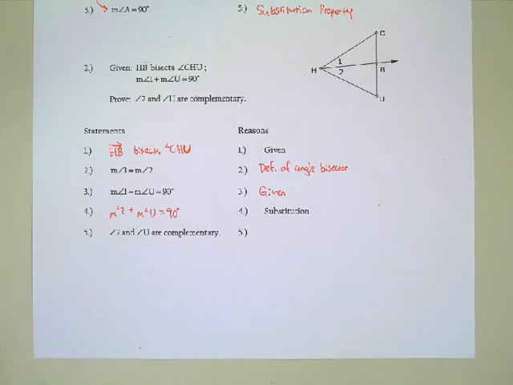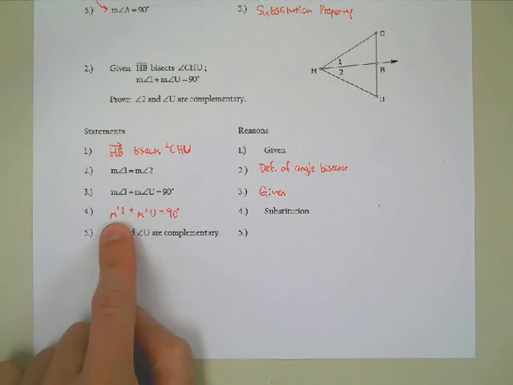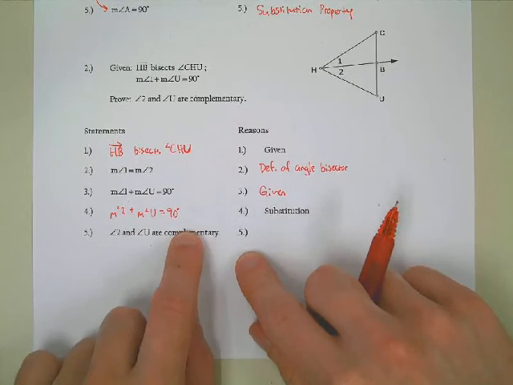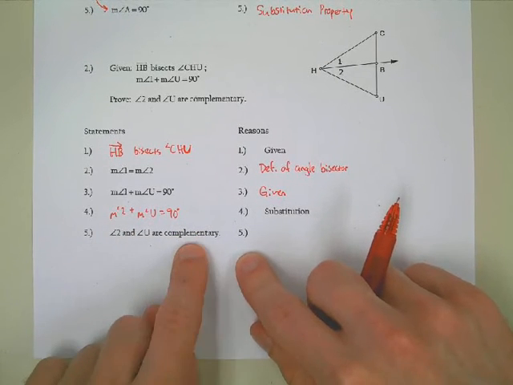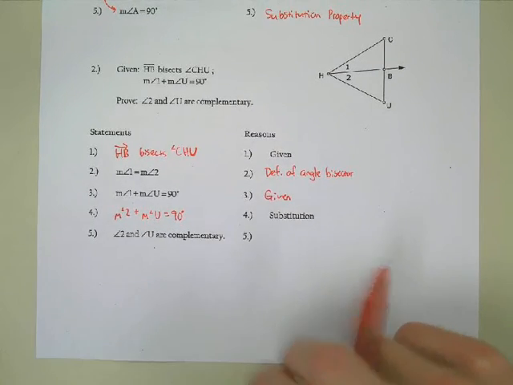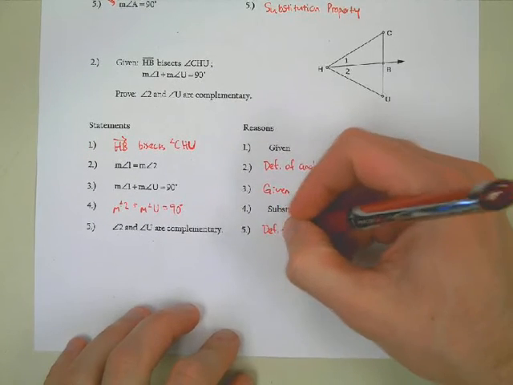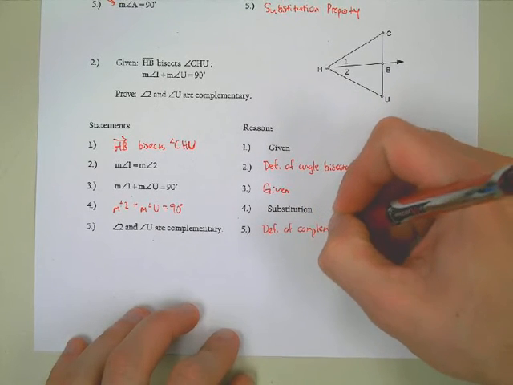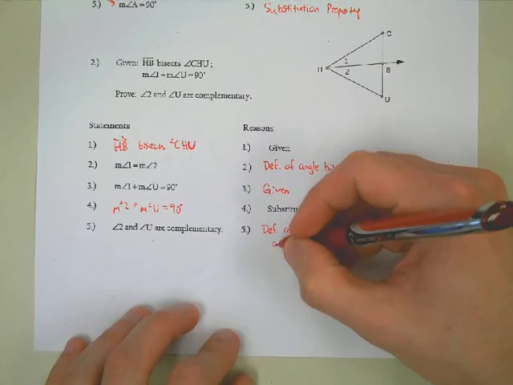And then we go from the measure of angle 2 plus the measure of angle U is equal to 90 degrees to saying that angle 2 and angle U are complementary. And what do you think the reason for that is? You got it, Mary. Definition of complementary angles. Okie dokie. So that's it.